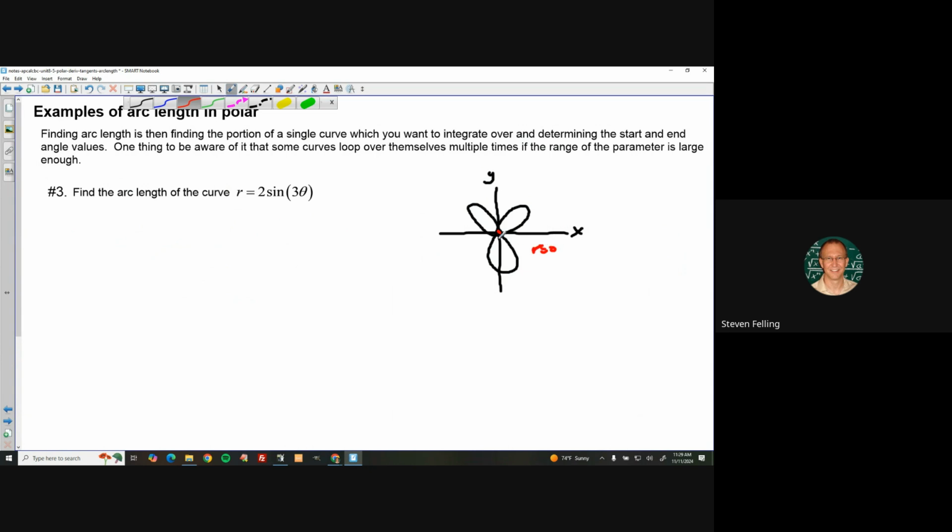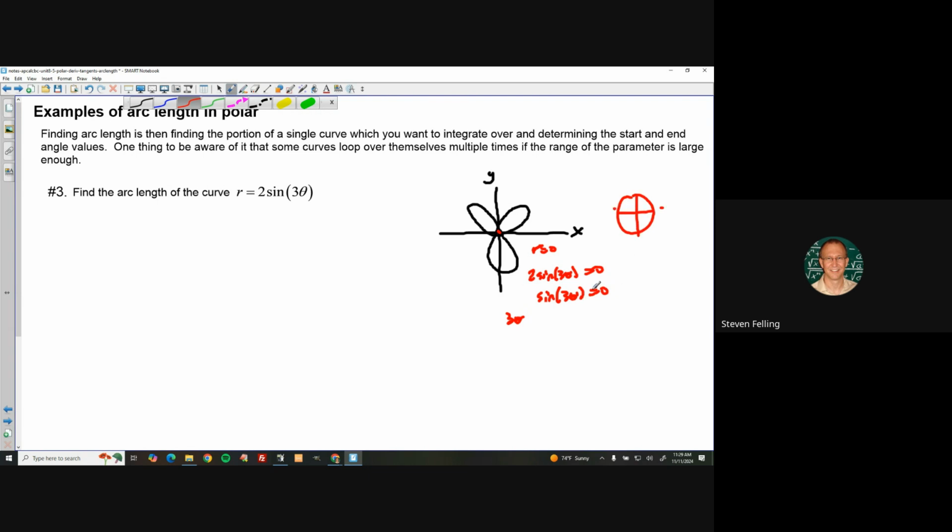So to try to figure out where we start and stop, I'll start with this little equation, r is 0. r is 2 sine of 3 theta. That has to be 0. Dividing by 2, that means sine of 3 theta must be 0, which means 3 theta has to be all the angles where the sine is 0, right?